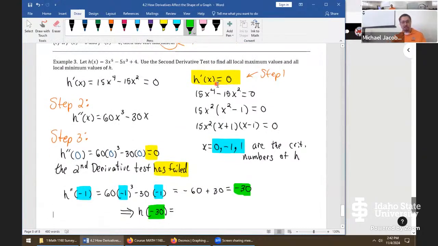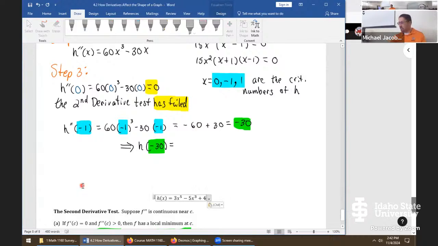But when we go to give the conclusion of a local maximum or a local minimum of h, we go all the way to the top, and use the original function, h itself. So there's always 3 functions on the table whenever you're using the second derivative test. That's why it's a good idea to always label your functions as h of x, h prime of x, h double prime of x, just so you don't get mixed up with all that stuff.